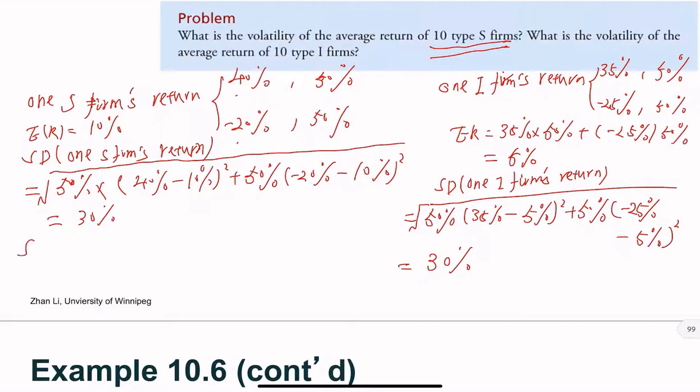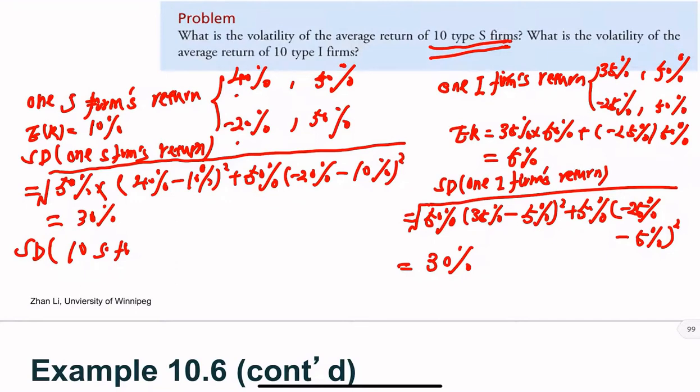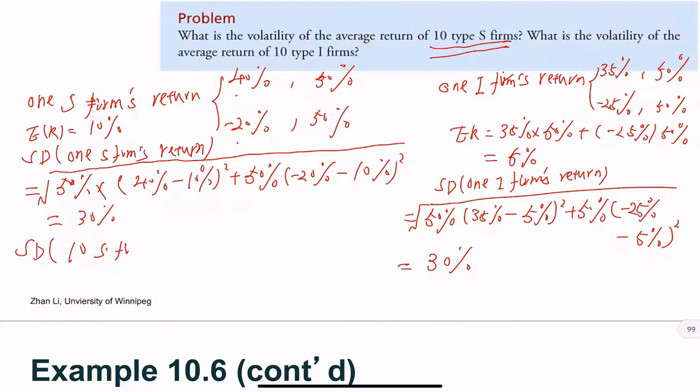So the standard deviation of 10 S firms' return is 30%, right?